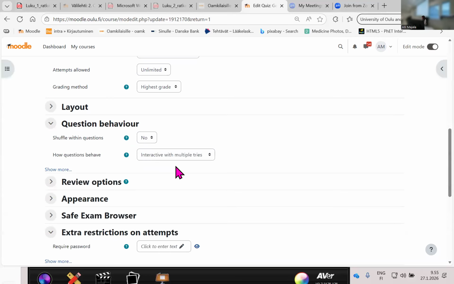This is what I changed, the question behavior. That must be the main one, but I know that there is some other. Maybe that's it.